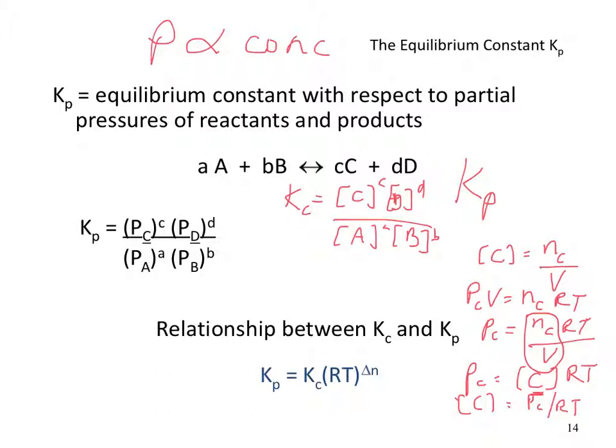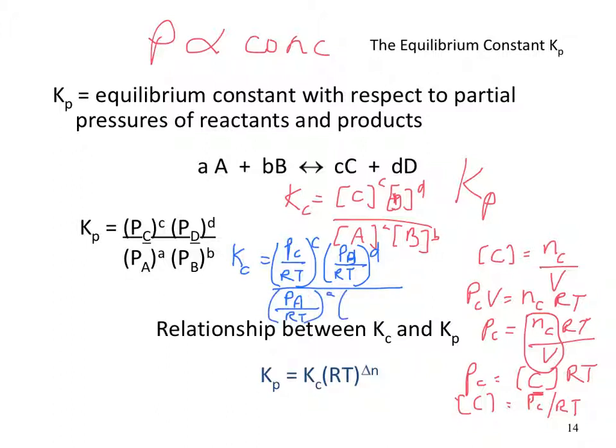And if I do that, then my Kc would start looking like PC over RT raised to the power of c, PD over RT raised to the power of d, divided by PA over RT raised to the power of a and PB over RT raised to the power of b.